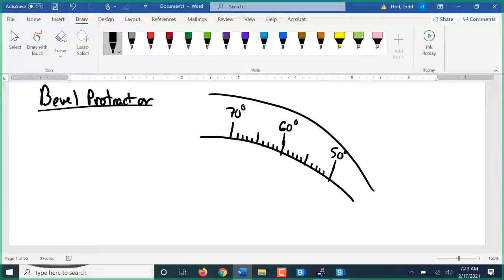So let's say this is the main scale of our bevel protractor. And on the vernier scale, 0.